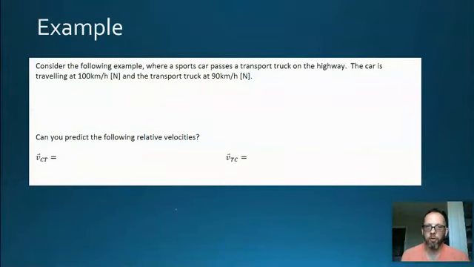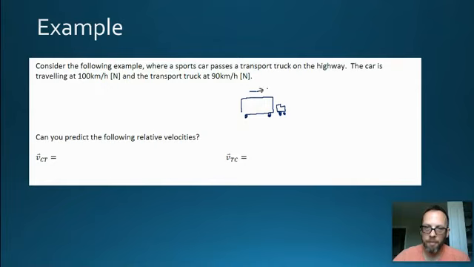So here we have a sports car passing a transport truck on the highway. The car is traveling at 100 kilometers per hour and the transport truck at 90 kilometers per hour. I'll do my best. My drawing gets better and better every time I teach this course. There's our big transport truck, not too bad.